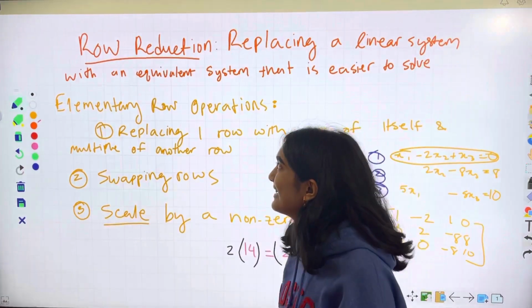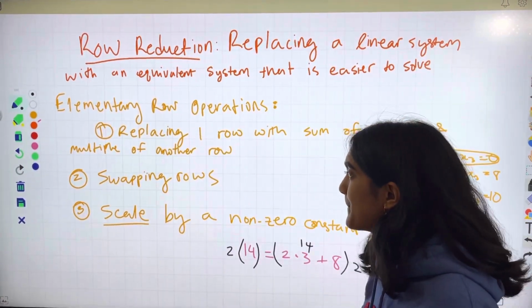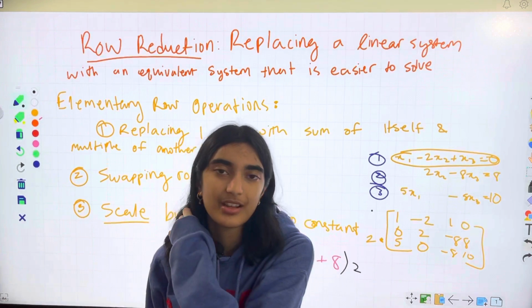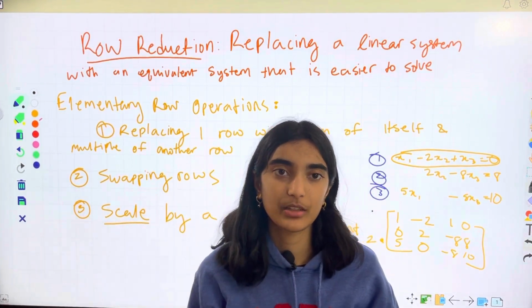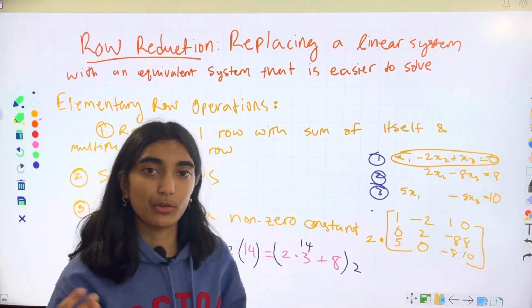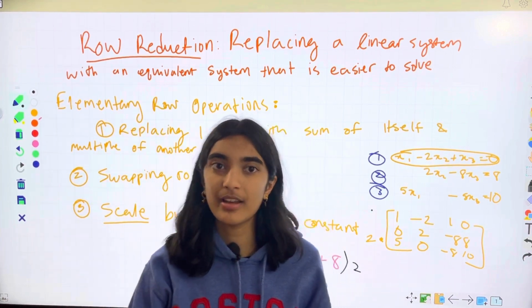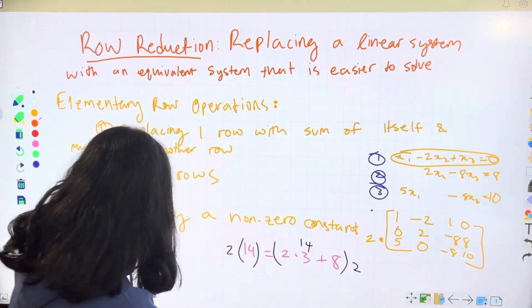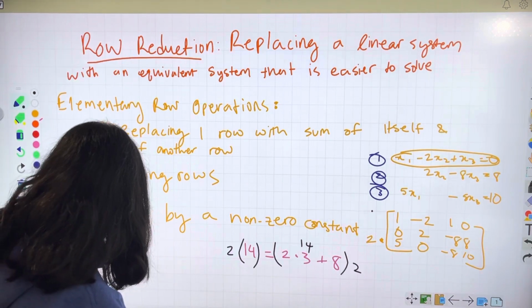Hopefully you understand that there are 3 elementary row operations, and the actual row reduction algorithm we'll go through in our next video.